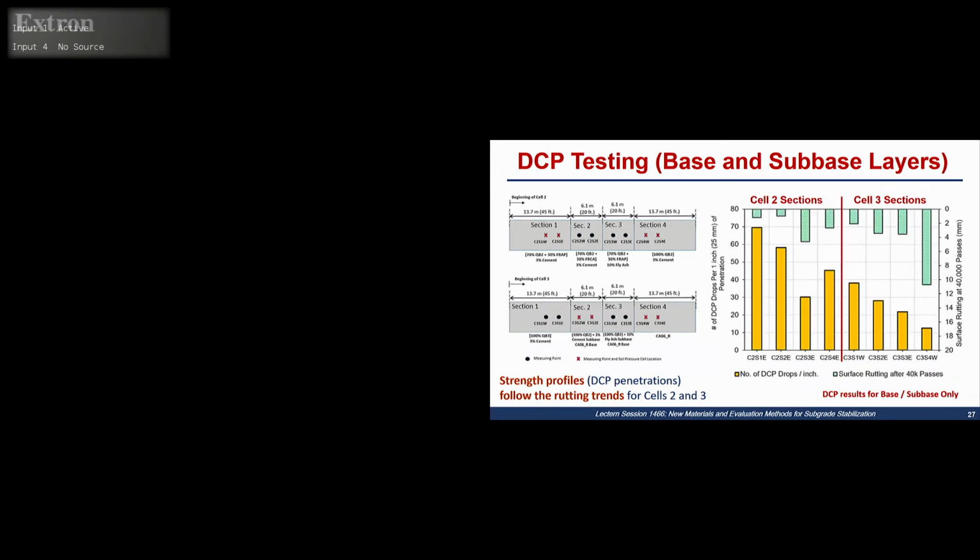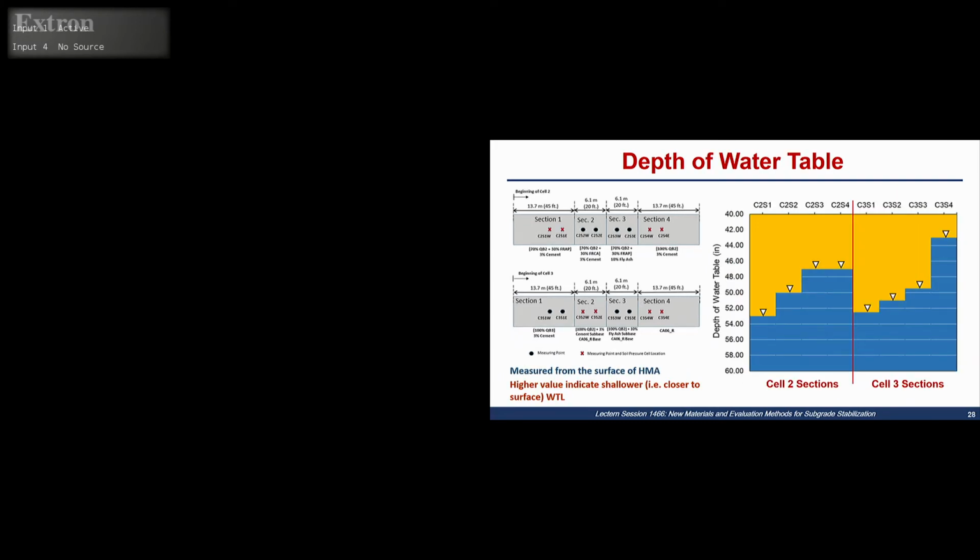These are the rutting values taken, I believe, after 40,000 passes. And what are the penetration rates? You see that the higher the number of drops to penetrate 1 inch, the lower the surface deflection is, and this is consistent for all of the test sections.